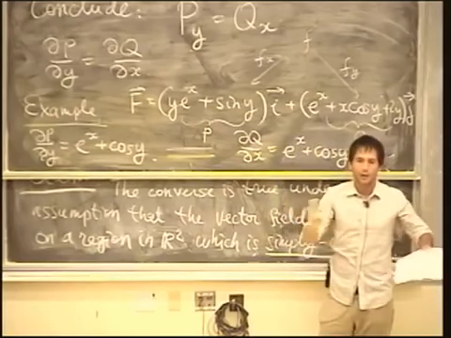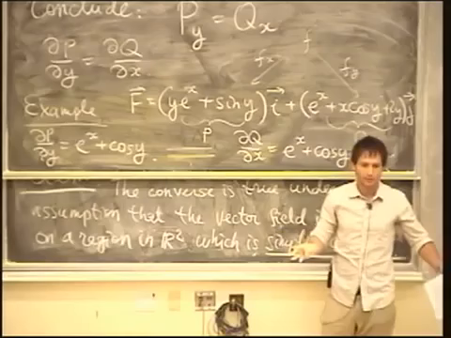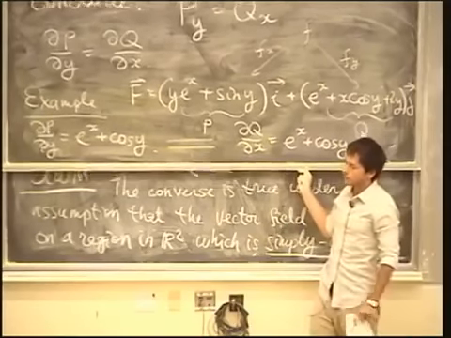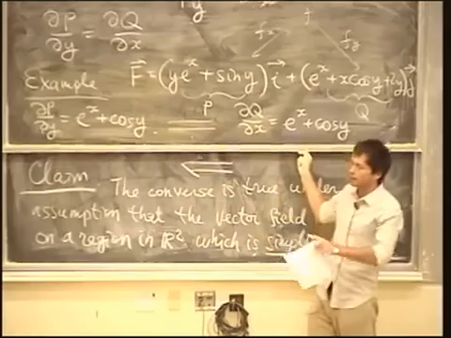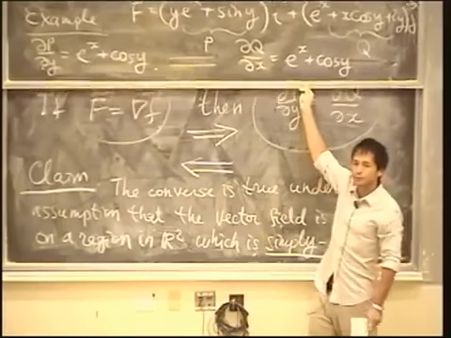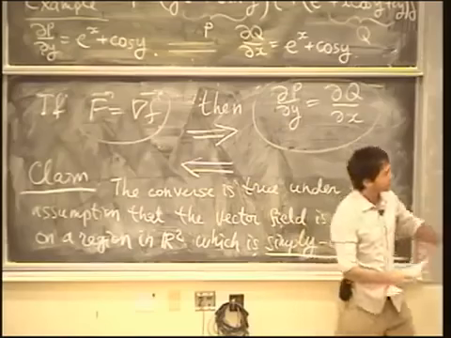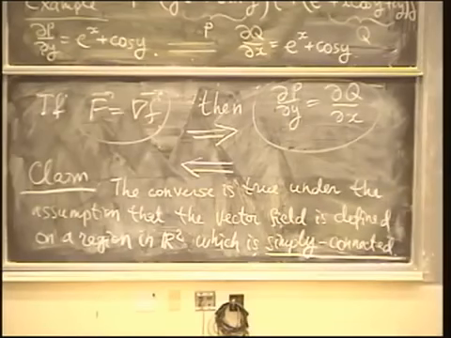And the entire plane is certainly simply connected, right? Or any disk on the plane is simply connected. It's only when the vector field is not defined at a particular point, or there is some hole like this, that you cannot apply this result, you see.